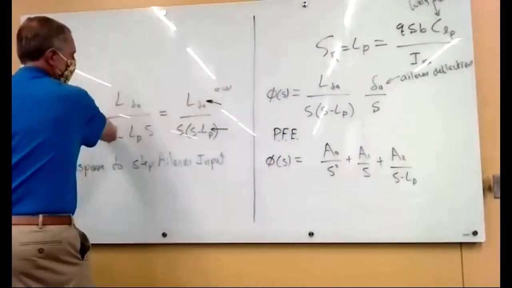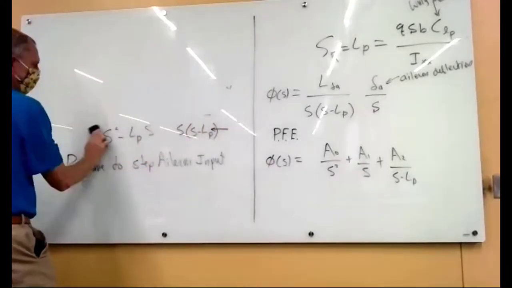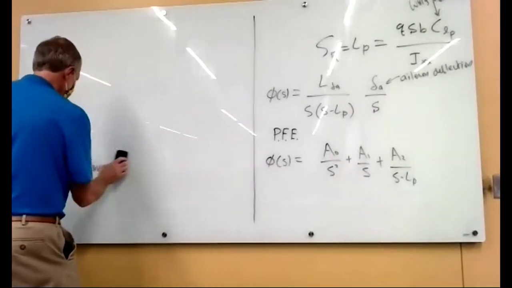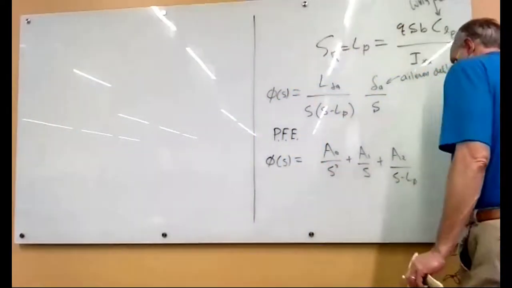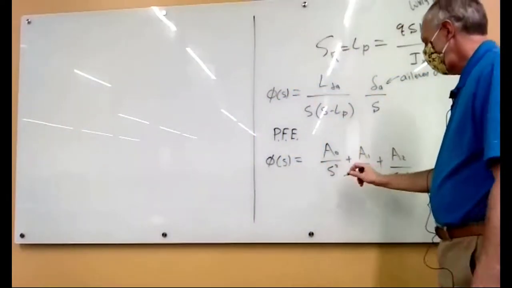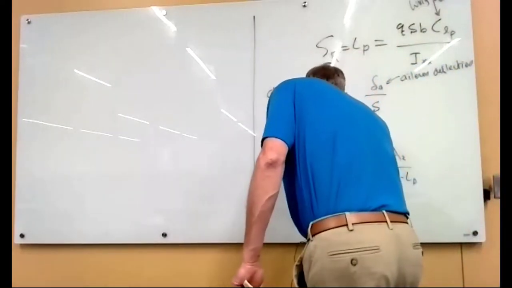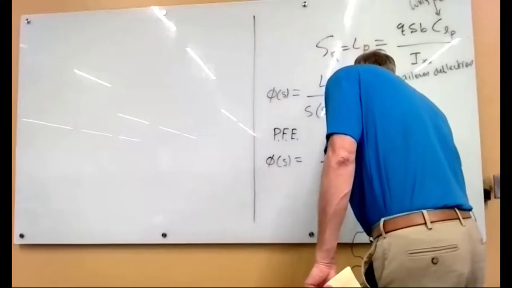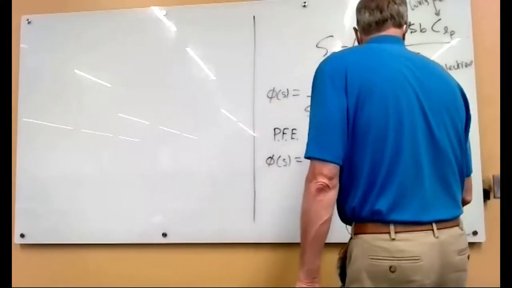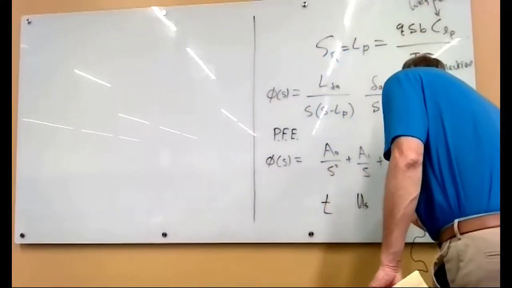But we get a Laplace response and then a time response when we inverse Laplace. So if we inverse Laplace this, here we're going to get a t term. Here we're going to get a step input term. And then here we're going to get an exponential term.